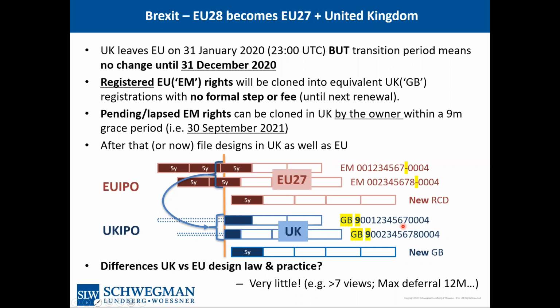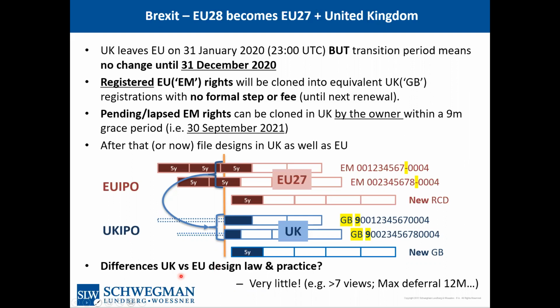And thereafter, as you could do today if you wanted to, you can file a new registered design at EU IPO to cover those 27 countries, and you can file in parallel, if you want protection in the UK, you must file in parallel a new UK registered design application.